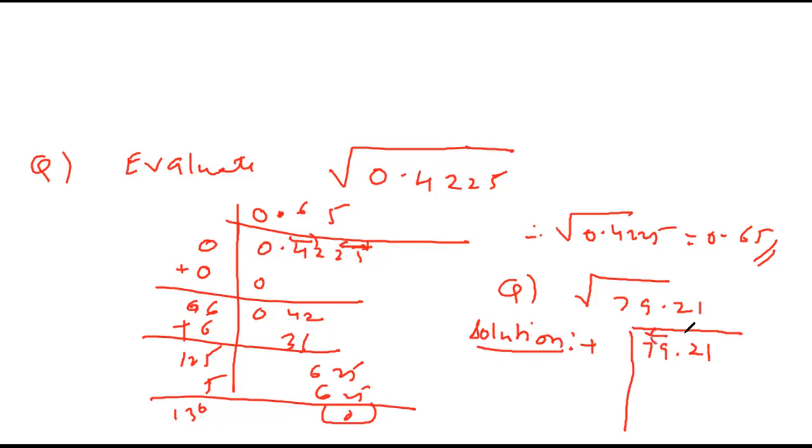One couple, another couple. 8, 8 is 64, remainder will be 15. Sir, the answer is 8.9. 8.9 is the correct answer.